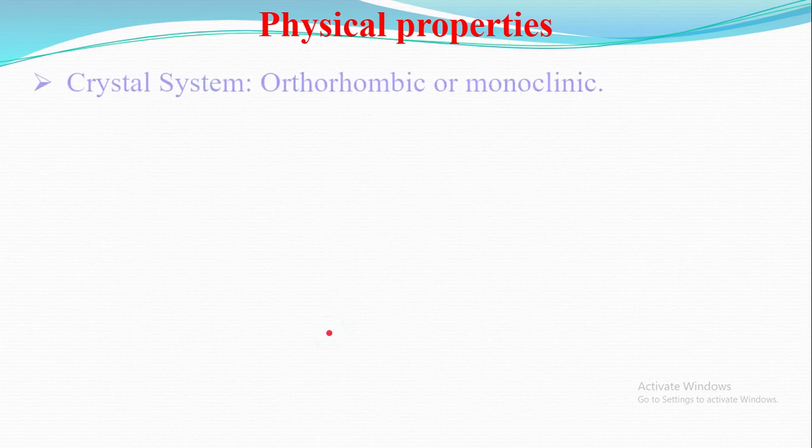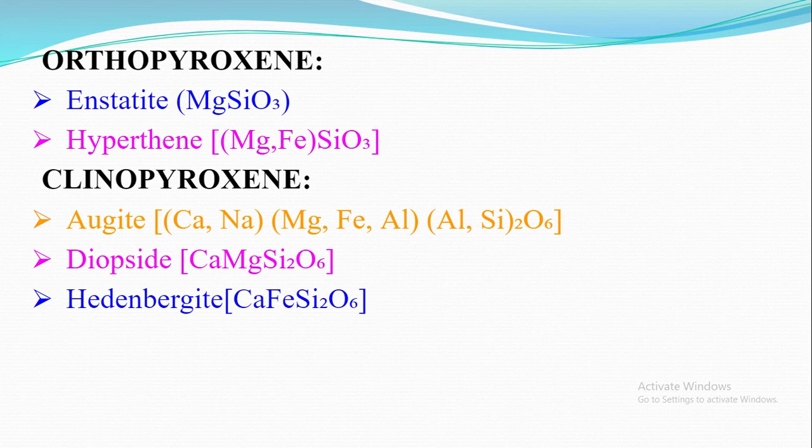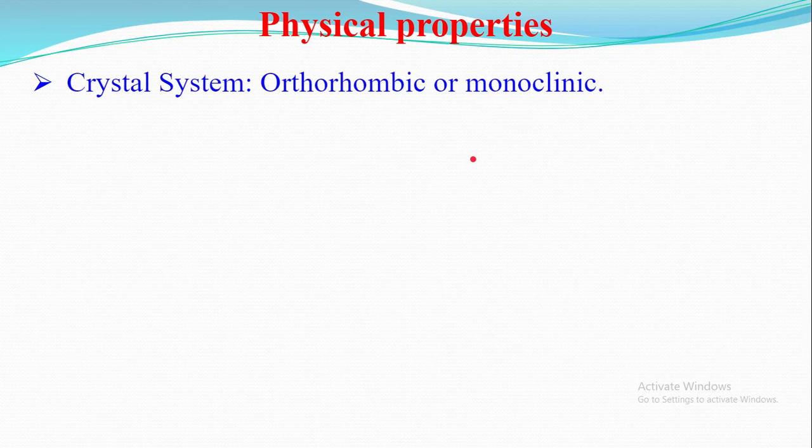Physical properties: orthorhombic and monoclinic. If it is orthorhombic, we call them orthopyroxene, like hypersthene, and if it is monoclinic, we call them clinopyroxene. Their luster is glassy or metallic, shining.